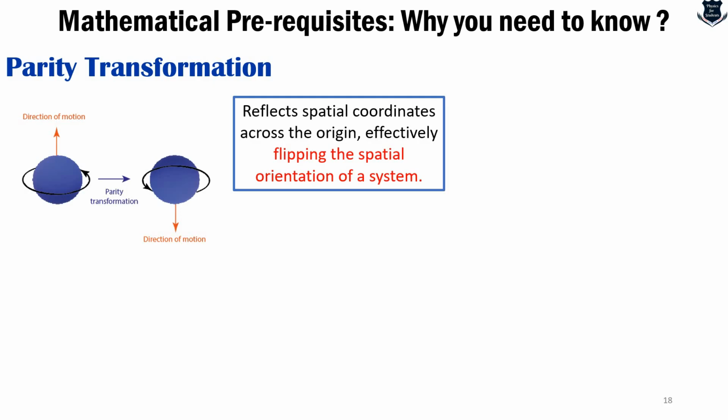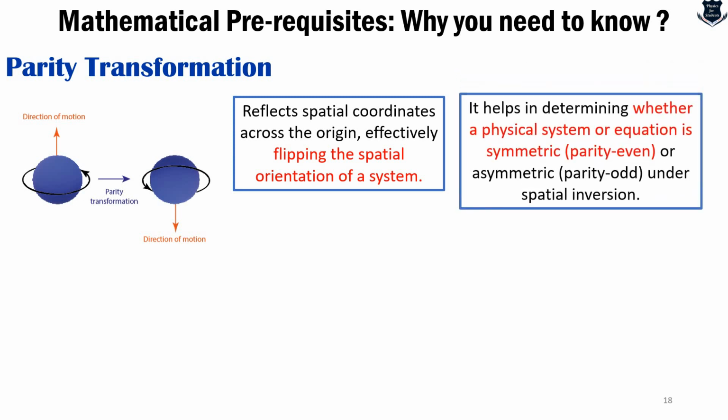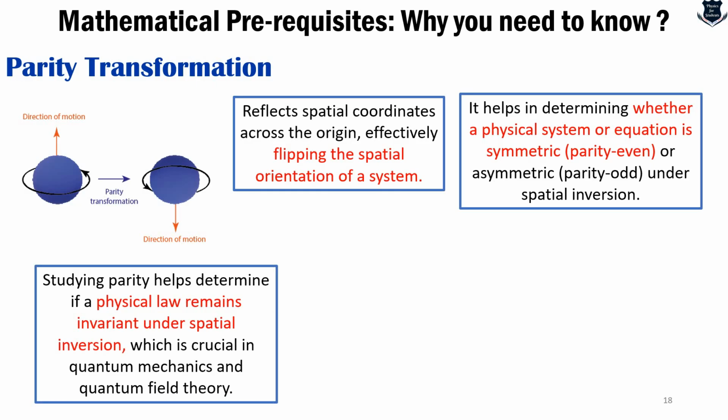So these are a few of the reasons. If you're wondering what is parity transformation, we will come to that part later. But if the original coordinate is flipping the spatial orientation of a system, that is how parity transformation takes place. It helps in determining whether the physical system or equation is symmetric, that means parity even.